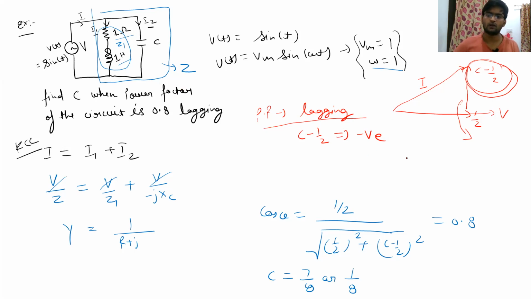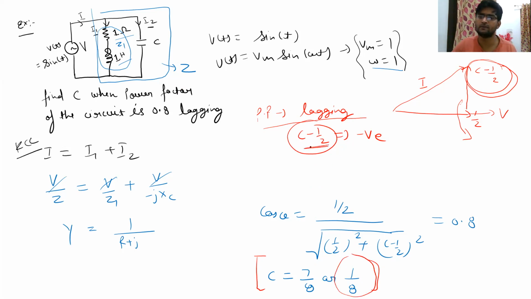Since we have two possibilities for the C value, 7 by 8 and 1 by 8, which value will make this negative? If we take 7 by 8, will it be negative? No. So we have to take C's value as 1 by 8. Then C minus 1 by 2 becomes negative. So our final answer is C is equal to 1 by 2 farad.